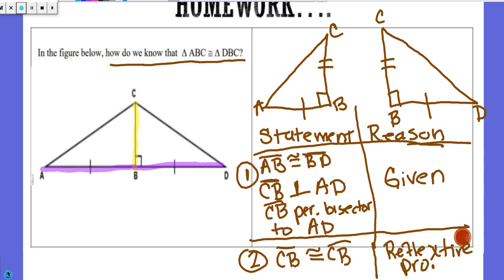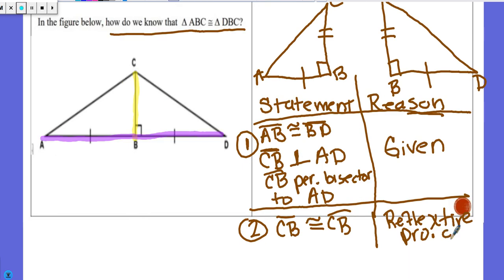So this is the reflexive property of congruence, and that property is when the line is shared by both sides. So I got that. That's what I marked.